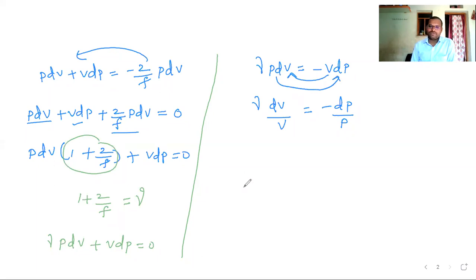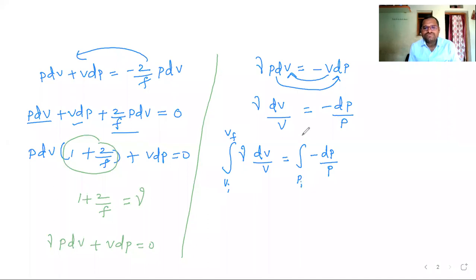Now let us integrate this equation. We will get the integration of gamma times dV by V is equal to the integration of minus dP by P. We have to take this integration from initial volume to final volume, and here from initial pressure to final pressure. As gamma is constant, it will come out of the integration.